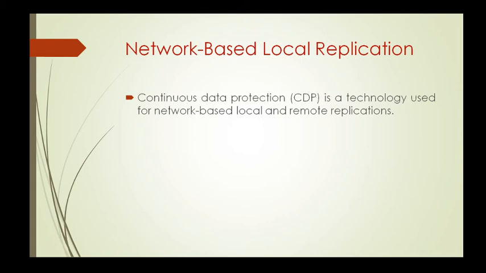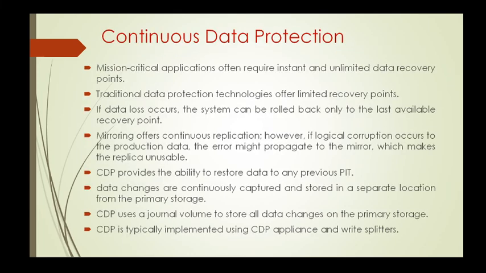By offloading the replication from the servers and arrays, network based replication can work across a large number of server platforms and storage arrays, making it ideal for highly heterogeneous environments. Continuous data protection, that is CDP, is a technology used for network based local and remote replication. CDP for remote replication we will study in the next chapter. In this, we are going to study CDP for local replication.